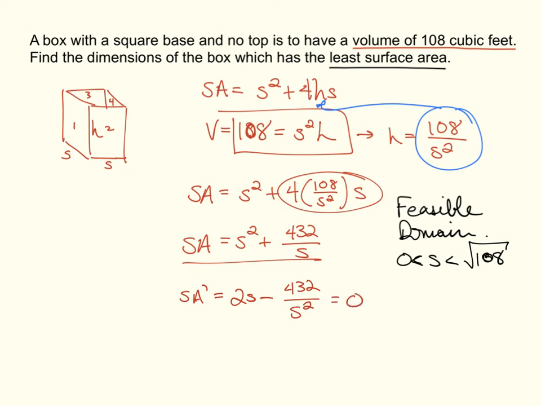And when you set this equal to 0 and solve for s, we want to multiply each term by s squared to eliminate this denominator. And what that allows us to do is get into an equation that is workable and much easier to solve.